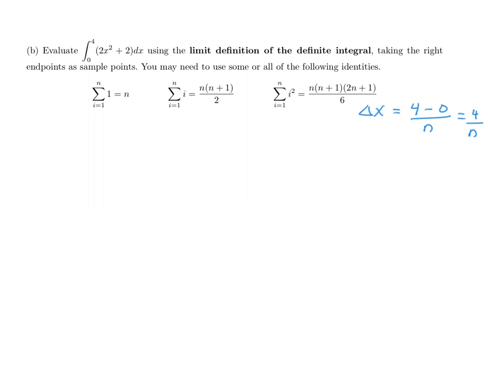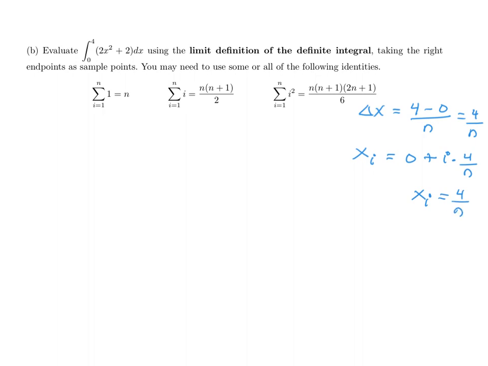The other thing that we're going to need is, well, what are the endpoints that we're using? We call those things x sub i. That is where you start, which in this case is 0, plus i times the base length of each rectangle. So x sub i is equal to 4i over n.